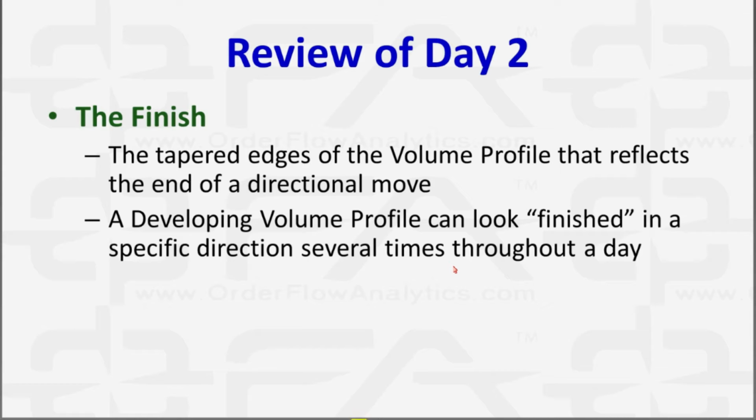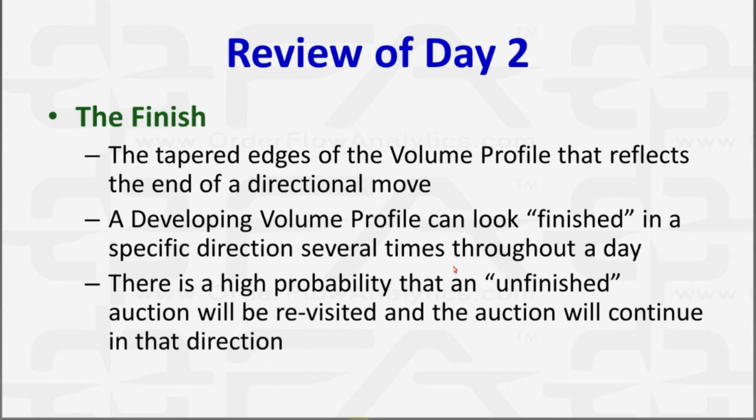So they can look finished, and then once trade starts moving back down in a finished area, it opens up that auction, and we'll see price move or continue in that direction. There's a high probability that unfinished auctions will be revisited, and the auction will continue in that direction.